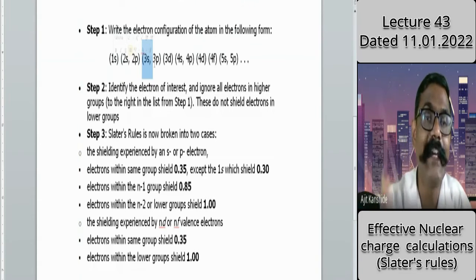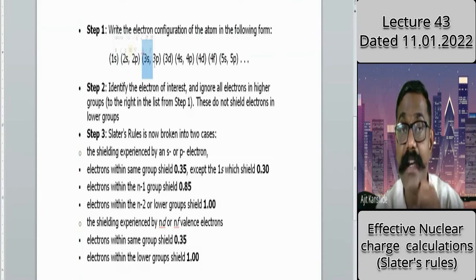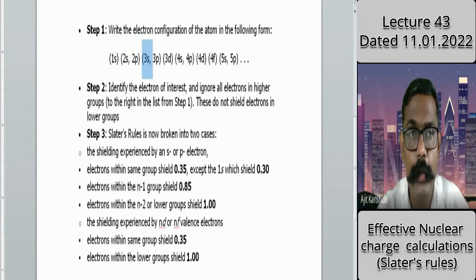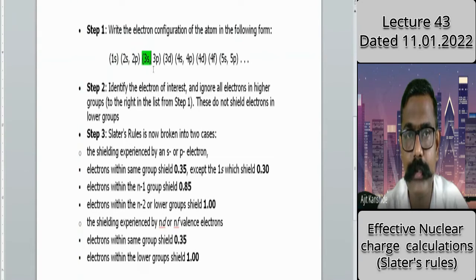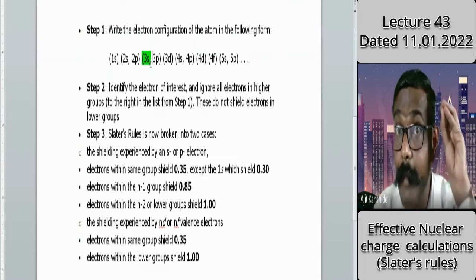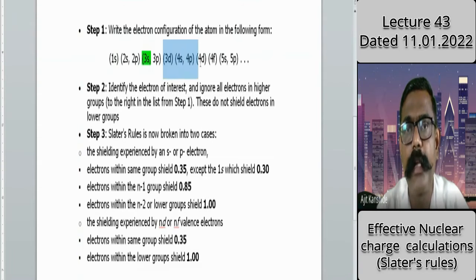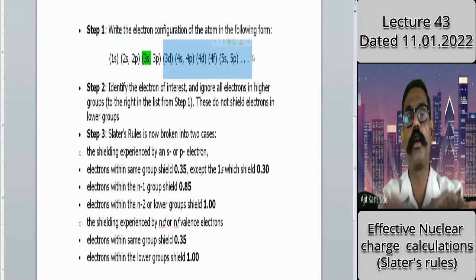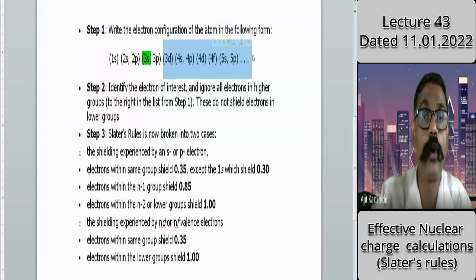Electrons which are to the right side of the electron under consideration, the electron of our interest, contribute 0. Could you understand what I am saying? If I consider an electron in the 3s, for example, now under my consideration, then any electron present in higher orbitals will have no contribution to shielding. Outer electrons have no contribution for shielding.